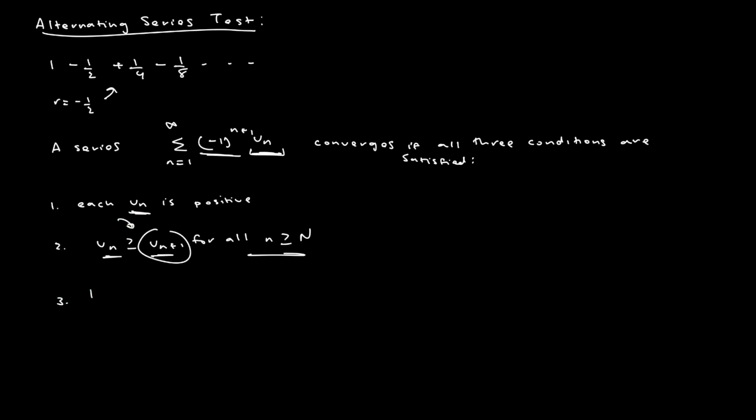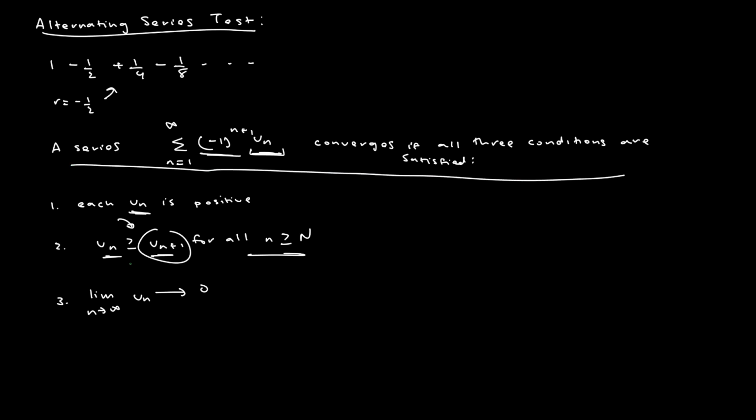And finally, the limit as n tends towards infinity of u of n tends to 0. So essentially what we're saying is this alternating series converges if, one, I'm getting decreasing values after some point, and that continues for all n later on, and eventually my terms tend towards zero.